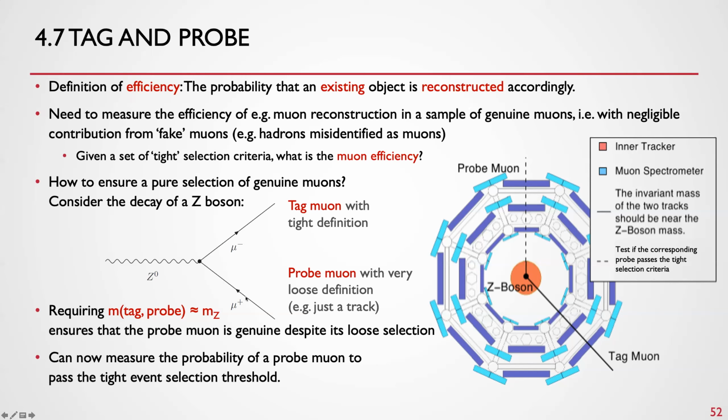So in this way, we can measure the probability of a probe muon to pass tight event selection thresholds. So we can measure with the tag and probe technique muon efficiency in data without any further assumptions.